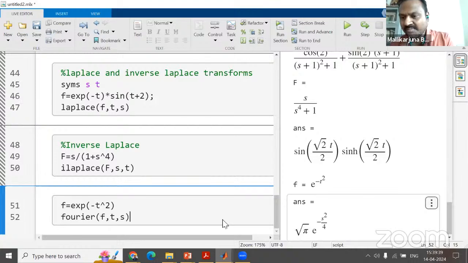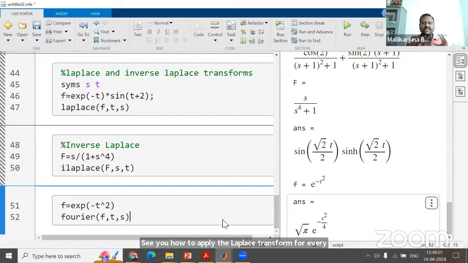A participant is asking how to solve differential equations using Laplace transforms. You can do that, but it is not one-line syntax. You have to apply the Laplace transform to every term, or rather take the complete differential equation as an equation and apply Laplace to it.